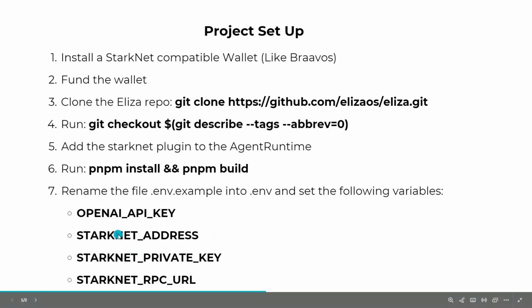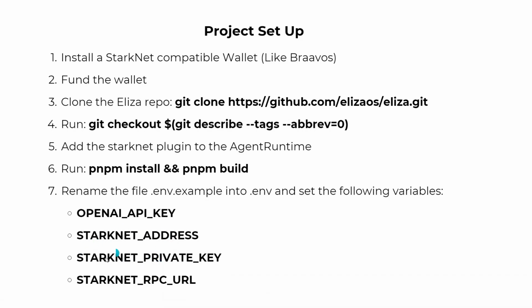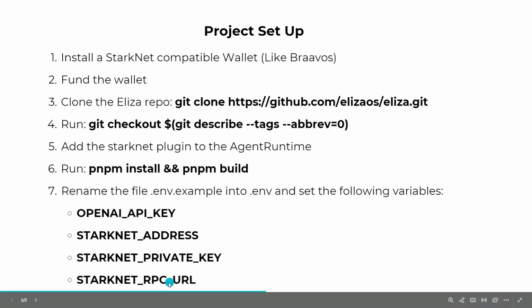These three are the most important, of course: StarkNet address, StarkNet private key, and a StarkNet RPC URL. If you want to use the mainnet, you should use an RPC for the mainnet. Otherwise, you can use an RPC for Sepolia.